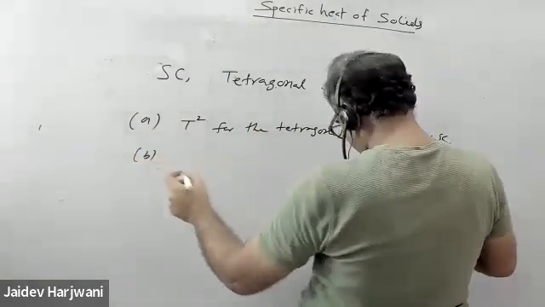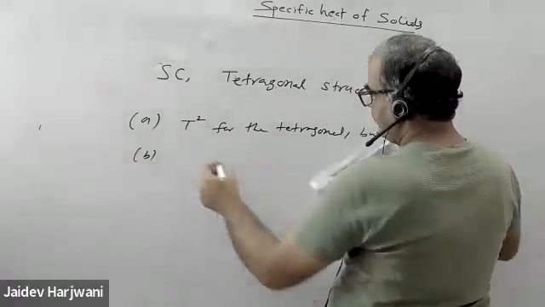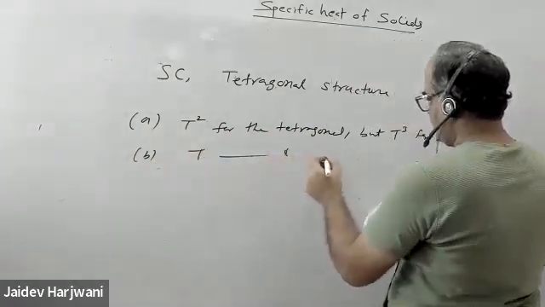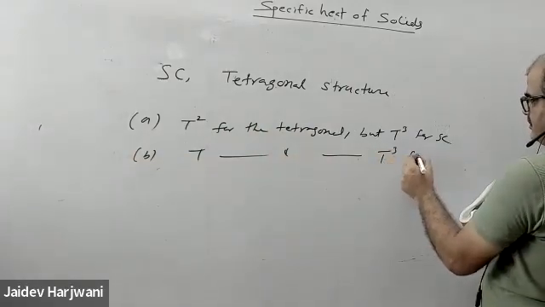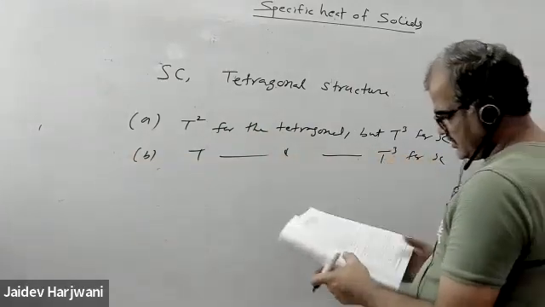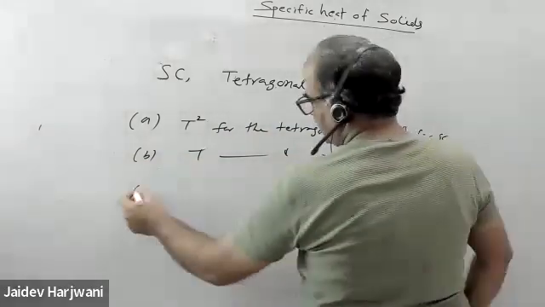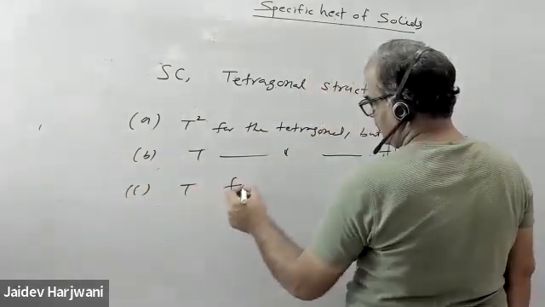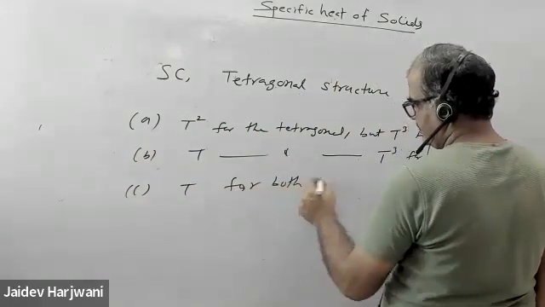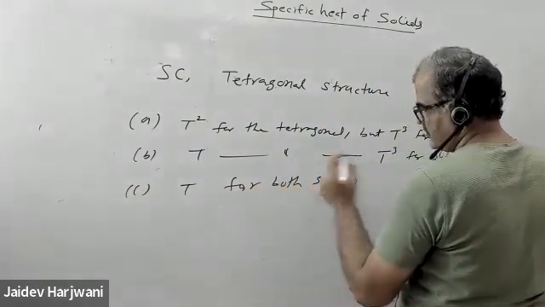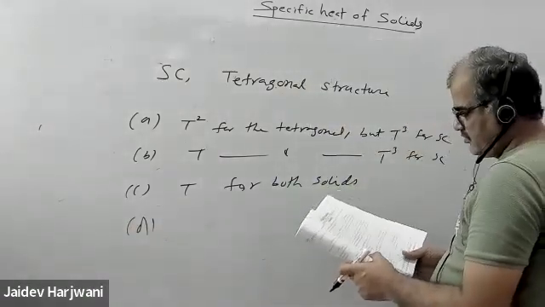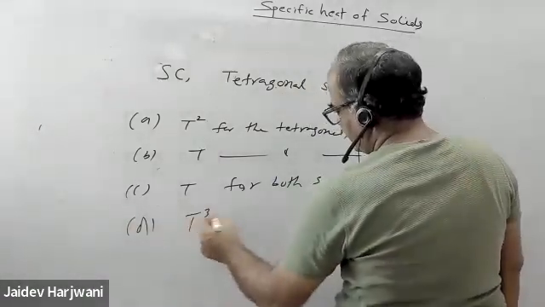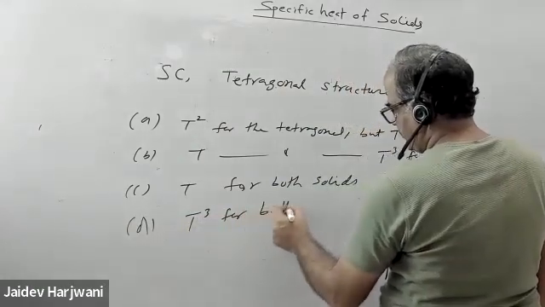B is T for tetragonal, but T cube for the simple cubic. C is T for both solids. I'll explain the questions. And D is given as T cube for both solids.